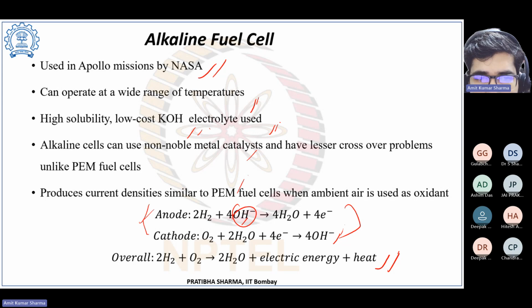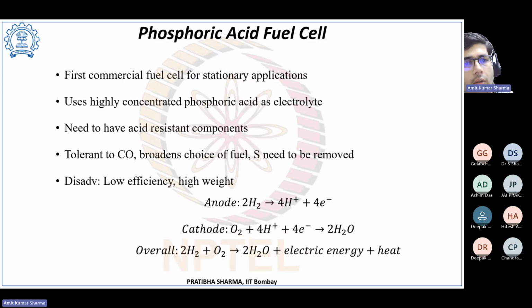Due to this, the half cell reactions are different, but the overall reaction is the same. So the ion plays a very important role, and in each fuel cell this ion transfer is different. Now the phosphoric acid fuel cell is the first commercial fuel cell for stationary application.